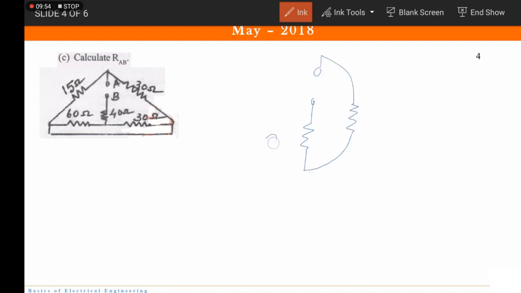This was 60 ohms and this was 10 ohms. This is A, this is B. Now see, these two resistances are not in parallel because here we have open in between. Correct? It means that 60 and 10, they are in series.